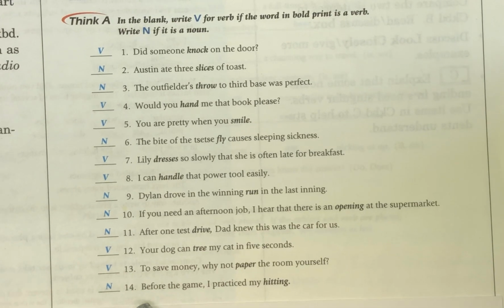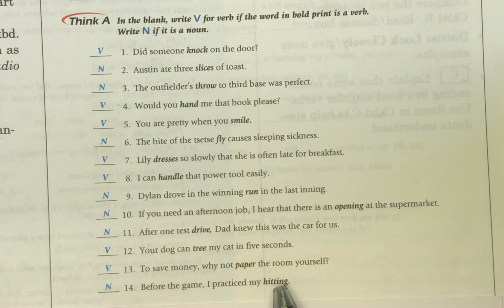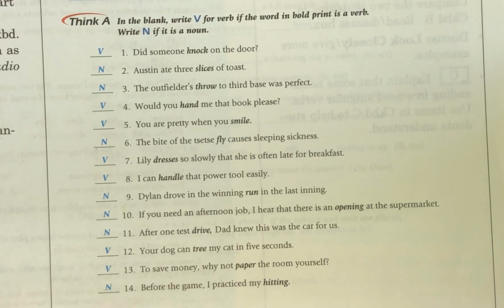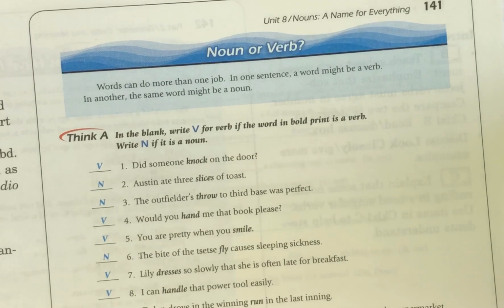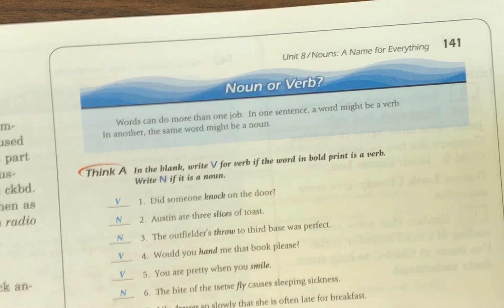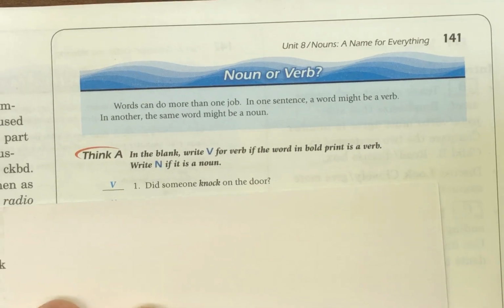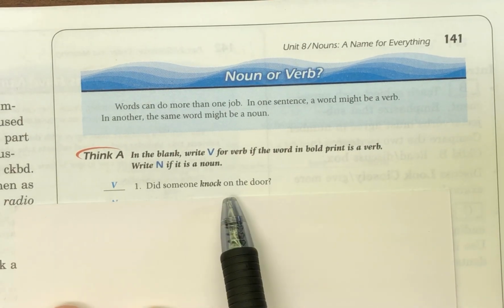And then last but not least, number 14, before the game, I practice my hitting, and that is being used as a noun. Several of you asked me about Think B. On a notebook paper, write sentences using the identified nouns in Think A as verbs and the verbs as nouns. What this means is I took number 1, did someone knock on the door?